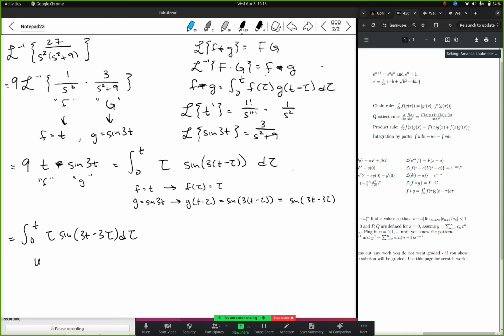So you just have to pick what your u is going to be and what your v is going to be. In this case, I want u to be the thing that goes away when you take derivatives, so I'm going to take u equal to tau. And then that means that my dv is going to be sine 3t minus 3 tau.